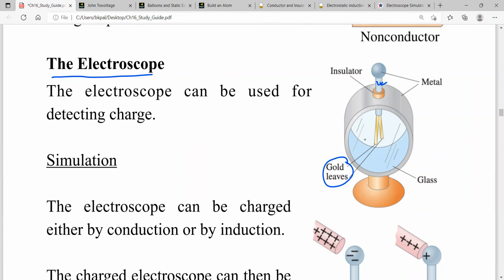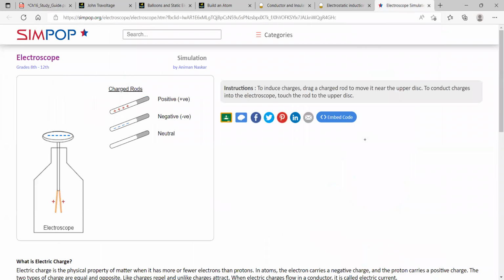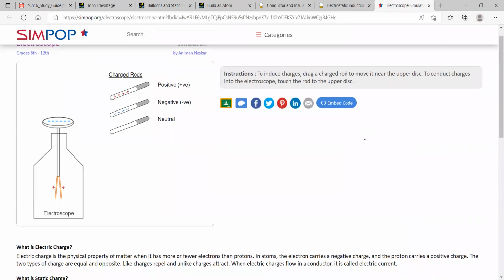It is inside a container to avoid contamination with air. It could be a metal or just a glass container. Here you see it's a glass container.